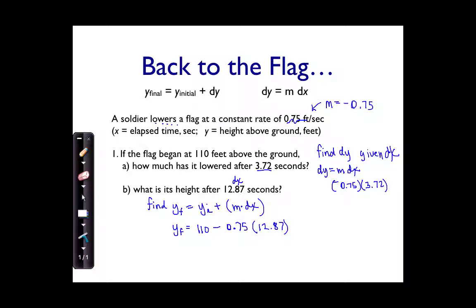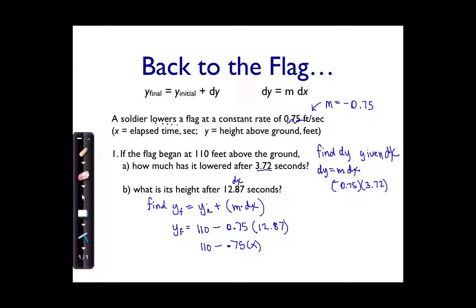But this general expression here could be used not just in this situation to find the height after 12.87 seconds. What if I asked you to find the height after any number of seconds, labeled like x seconds? Oh, well, if it was after x seconds, we do 110 minus 0.75 times x.